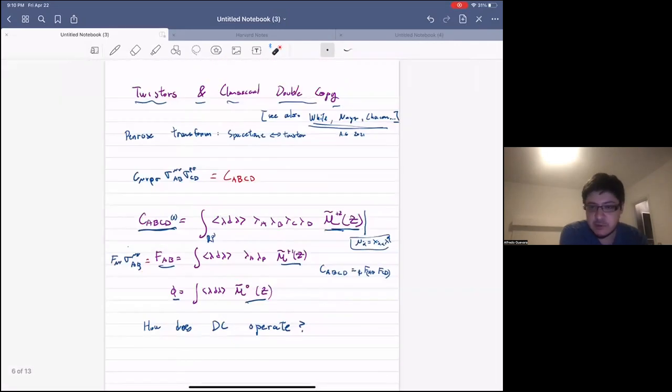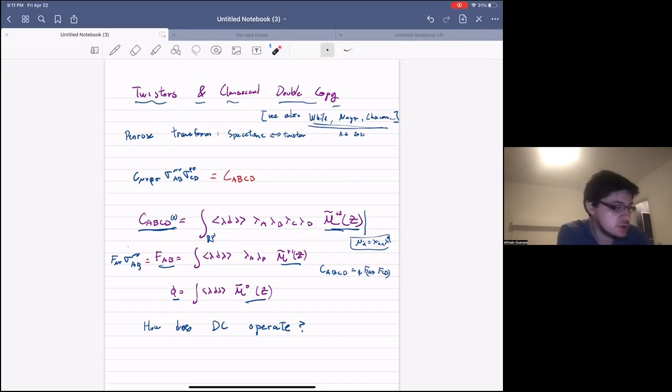Okay, so there's recently been a body of work that relates the Twistor functions, which I refer to as Twistor amplitudes, and the classical double copy. And the idea is that the origin of this double copy may be explained by these functions on Twistor space. So to see how that comes about, we need to first introduce some functions which are essentially carrying the gauge-independent information, and those are curvatures.